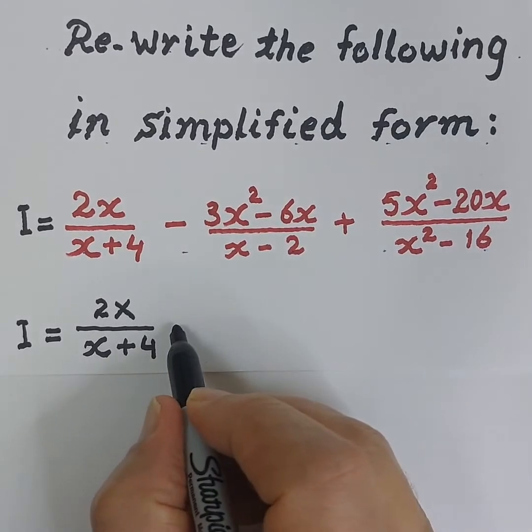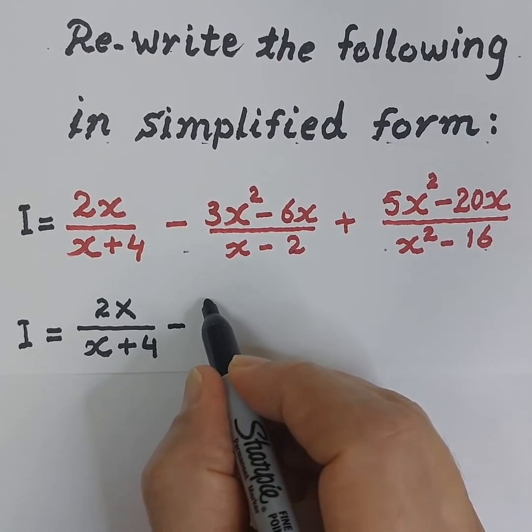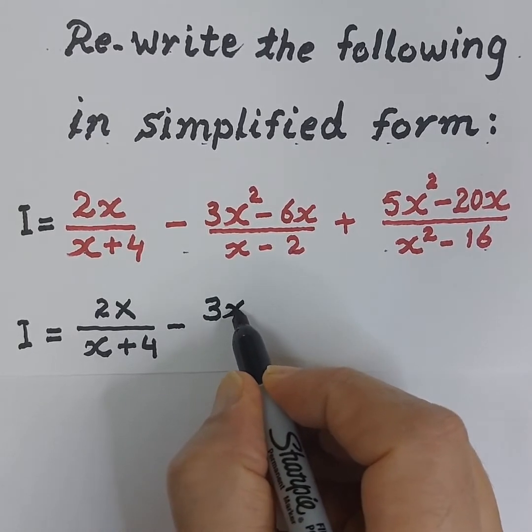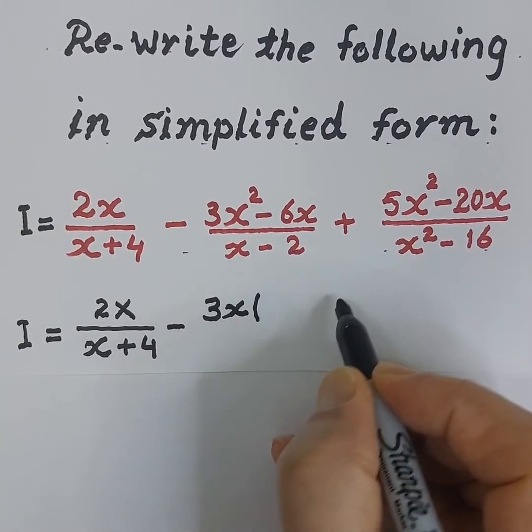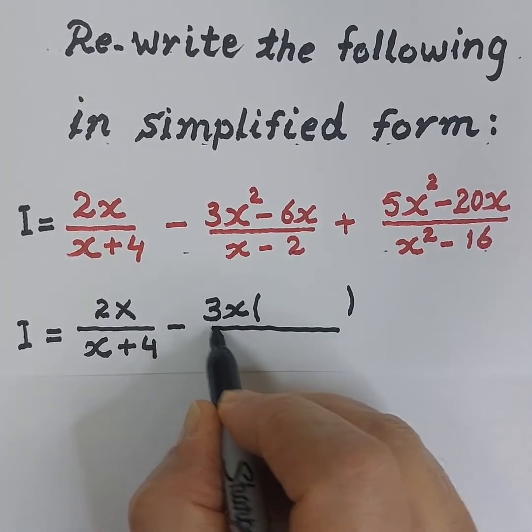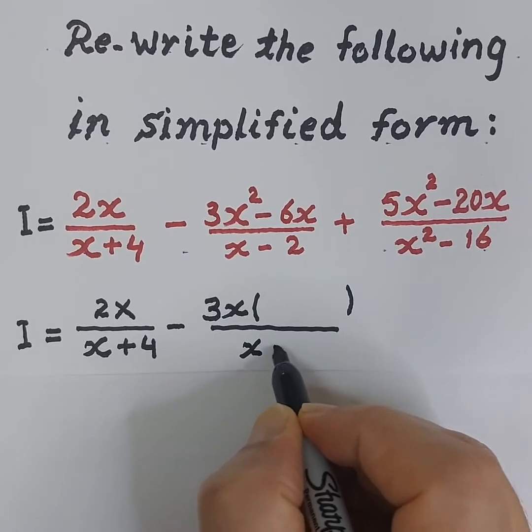The second one, as we said, we can get 3 as common factor, and also x is a common factor from the numerator. Denominator will stay without a change, at least in this step.